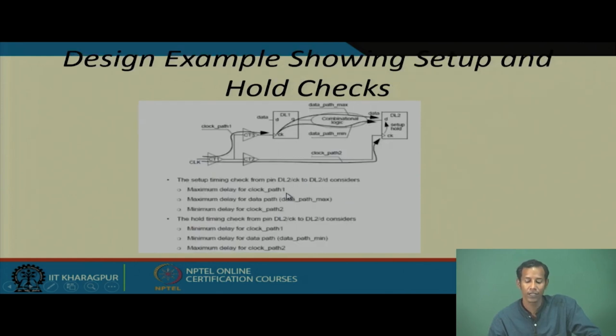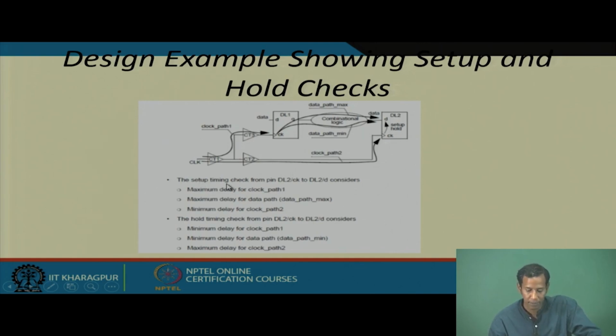So, in any of these examples, how can we check in timing analysis tools, or using some mathematical modeling, the setup time requirement and the hold time requirement? Suppose we are having some design configuration like this.